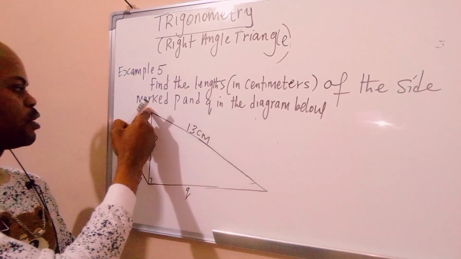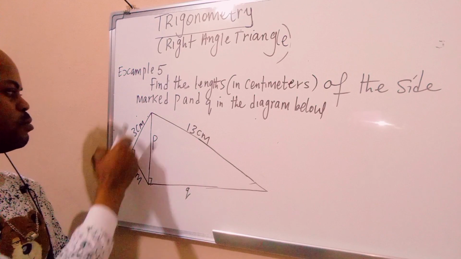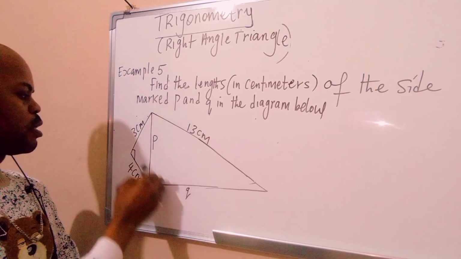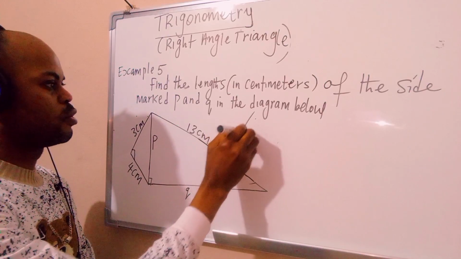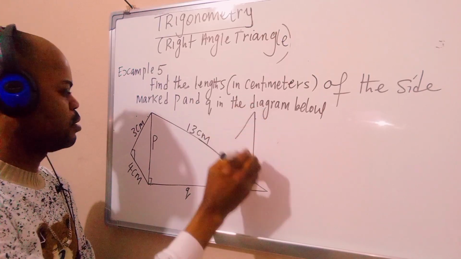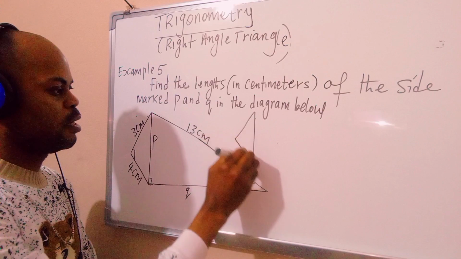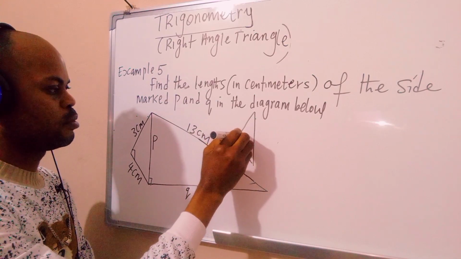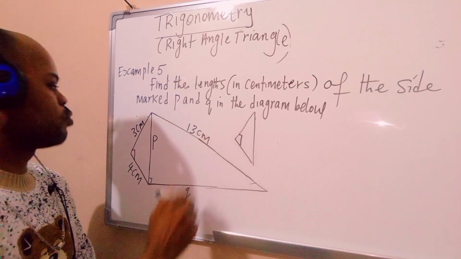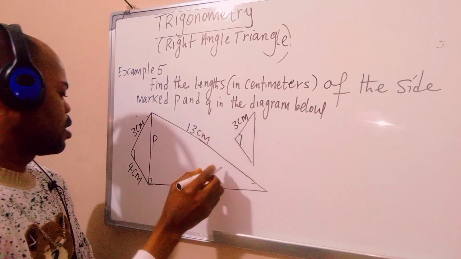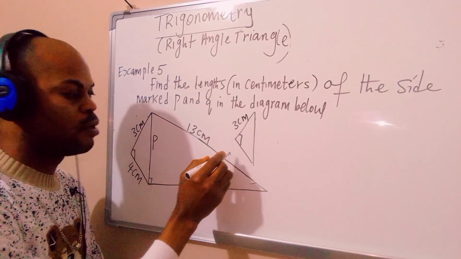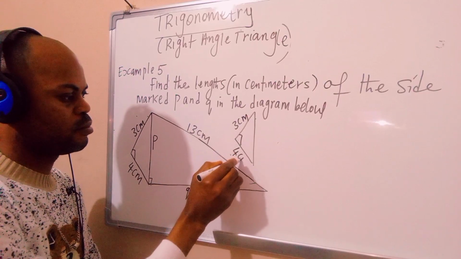If you take this triangle first, this very triangle will come out as a different triangle altogether, a different shape. And of course, this is a triangle. Right here you have 3 centimeter, and right here you have 4 centimeter.